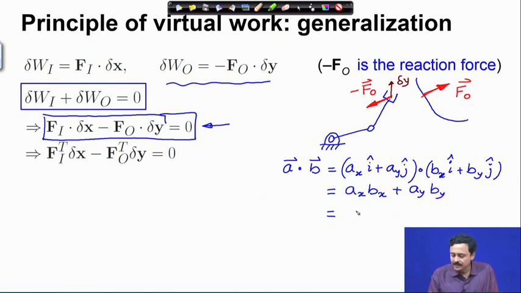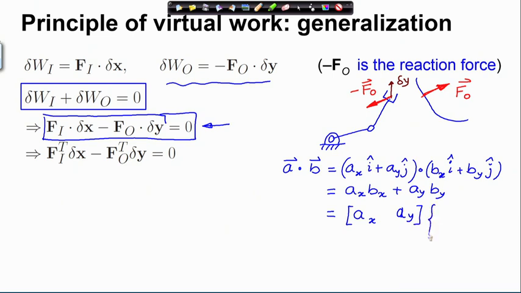Now, I can write this as a matrix product like this, which is A vector transpose into B vector. So, the transposition converts a column vector to a row vector, as I have written here.